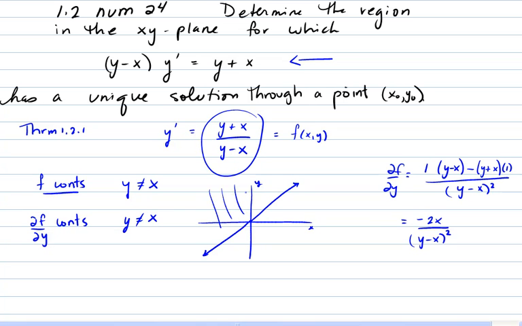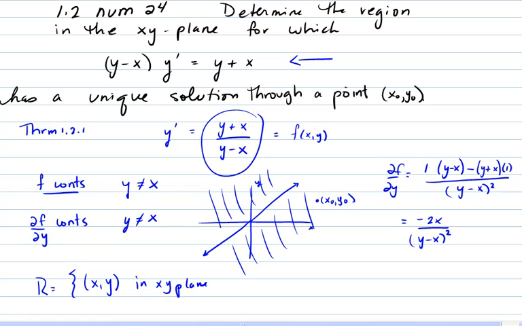So anything on this side, meaning any point right here, I can find a solution passing through that point. And the region is going to be the region of all those points x, y in the xy plane, such that x is not equal to y.